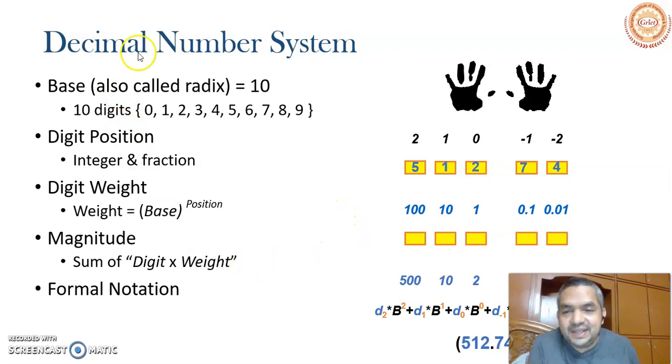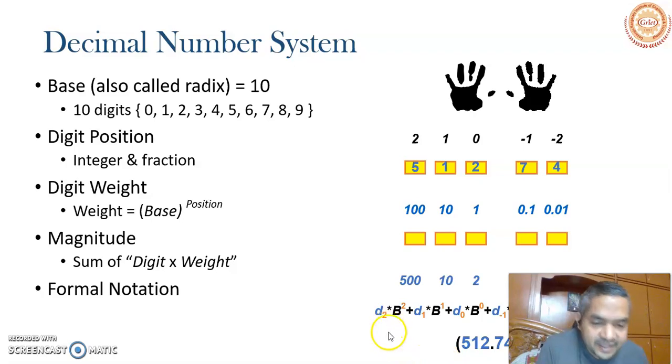Now, this is the meaning of any number system. If I know the meaning of the decimal number system, understanding other number systems is very simple. Any number has a meaning: it is an expansion, a polynomial.